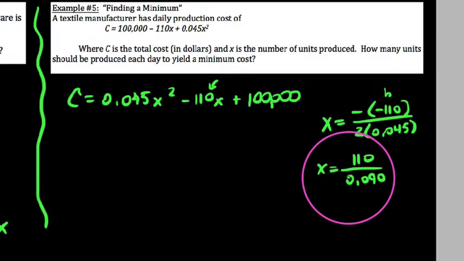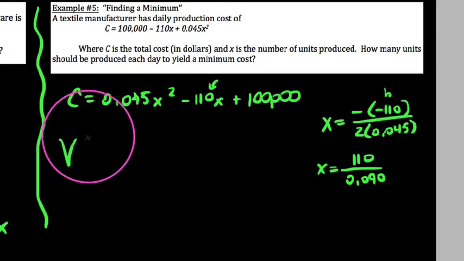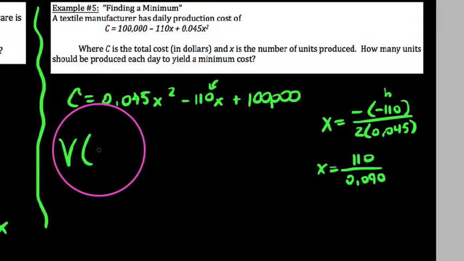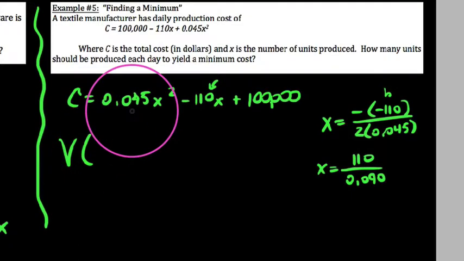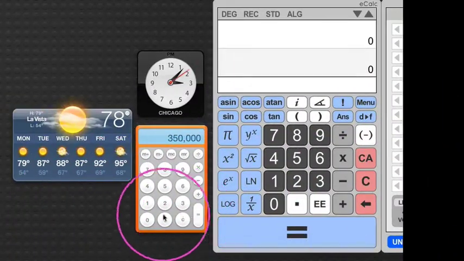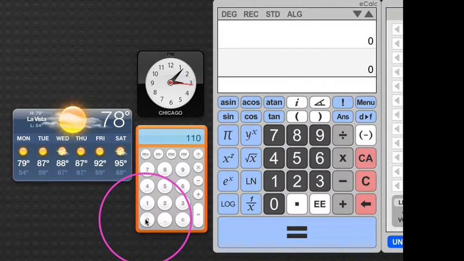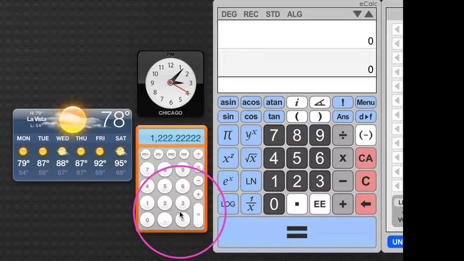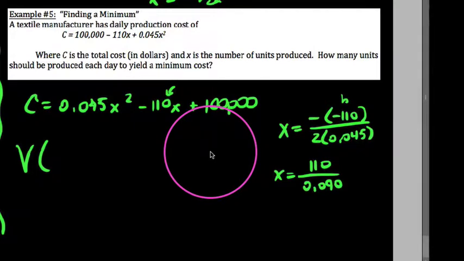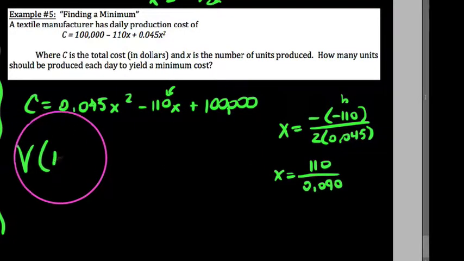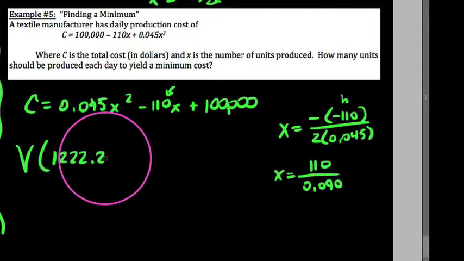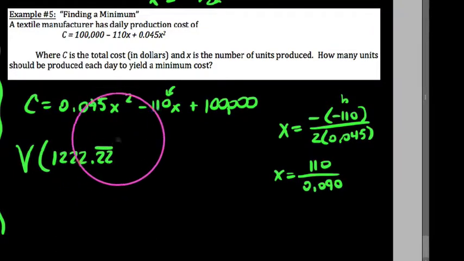We'll go ahead and put this into the calculator, but again, before we do so, I just want to point this out. We are finding the x value of the coordinate, the x coordinate of our vertex here. Okay, so 110. How many times does 0.090 go into that? Well, if I hit the divide key, I can tell you. We got 1,222, and roughly a fifth, a little bit bigger than that.